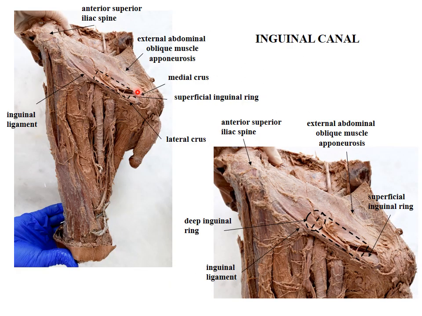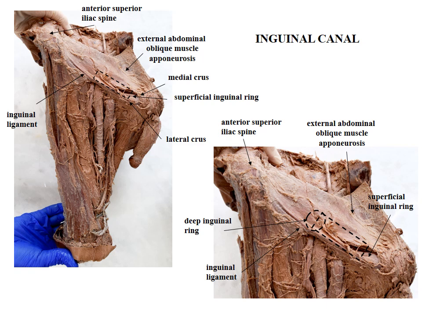The inguinal canal is located above the medial half of the inguinal ligament. It has two openings, the superficial inguinal ring and the deep inguinal ring, which is an opening of the transversalis fascia. The inguinal canal has two walls, an anterior wall and a posterior wall.